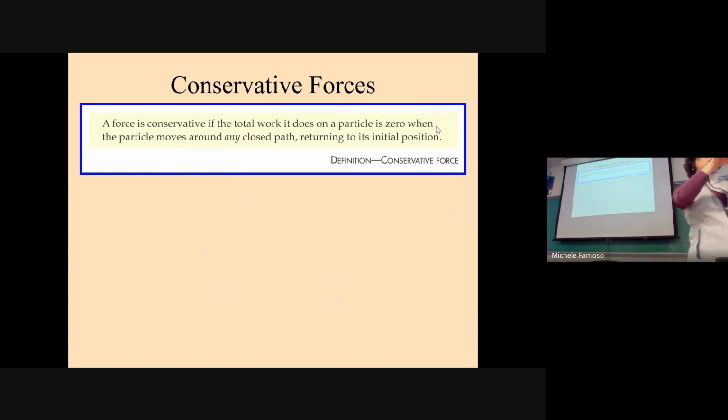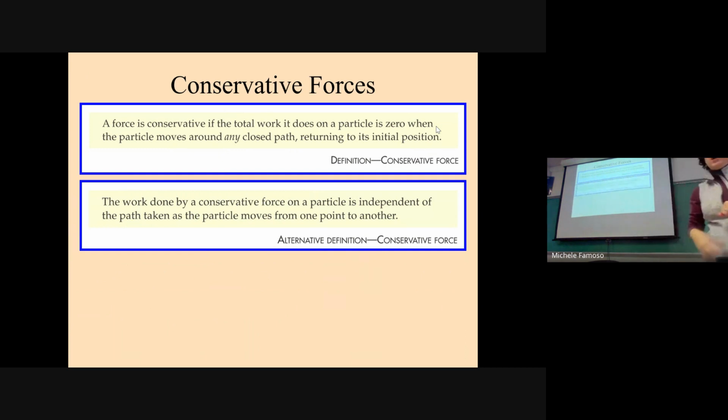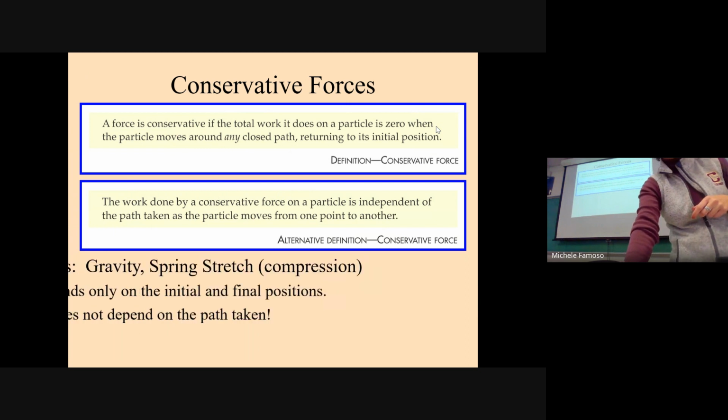I get back to where I started. If the total work done by that force is zero, that force is a conservative force. What that would mean, therefore, is that it doesn't matter how that object moves if the force is conservative. It only depends on where it starts and where it ends. What happens in between doesn't matter. So it's independent of the path.